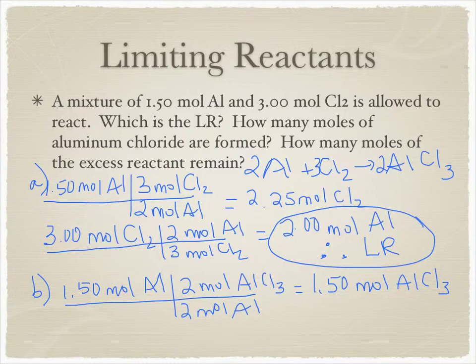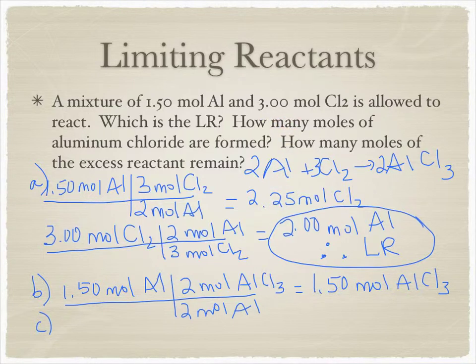Right, and finally, we have question C, which says, how many moles of the excess reactant remain? Well, remember back in part A, let me use my pointer here. Back in part A, we determined that we have 2.25 moles of chlorine necessary to react with 1.5 moles of aluminum. And we know that we have, up here, 3 moles of chlorine.